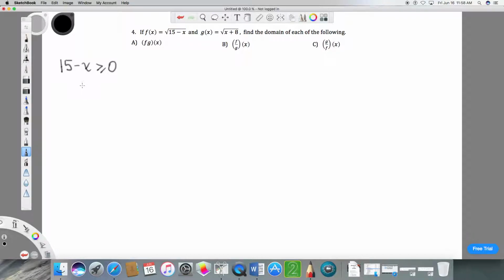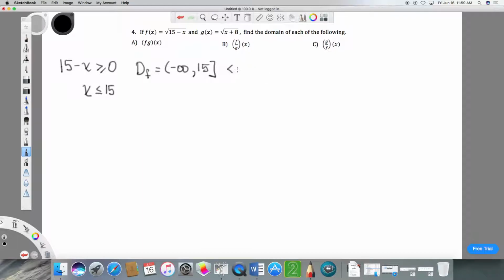So that means that we need x to be less than or equal to 15. If x were bigger than 15, you'd get a negative value. You'd be taking too much away from 15. So written in interval notation, the domain of f is negative infinity to 15, including 15.